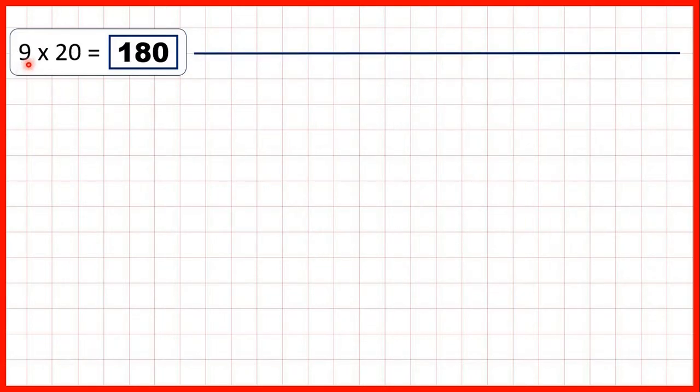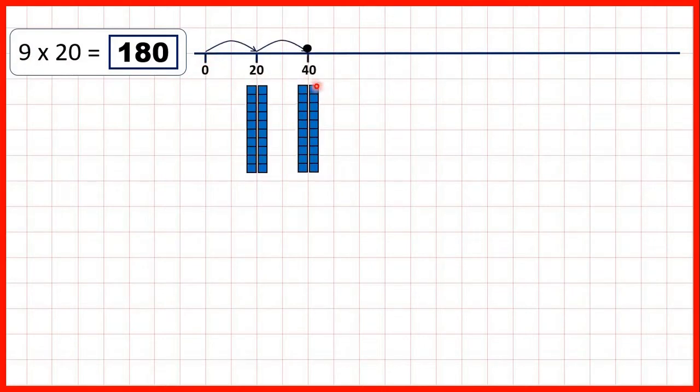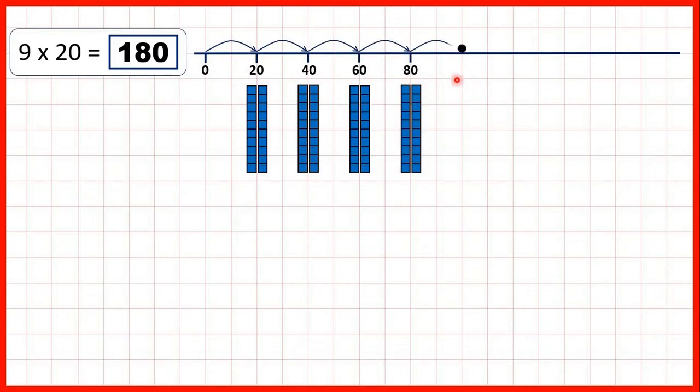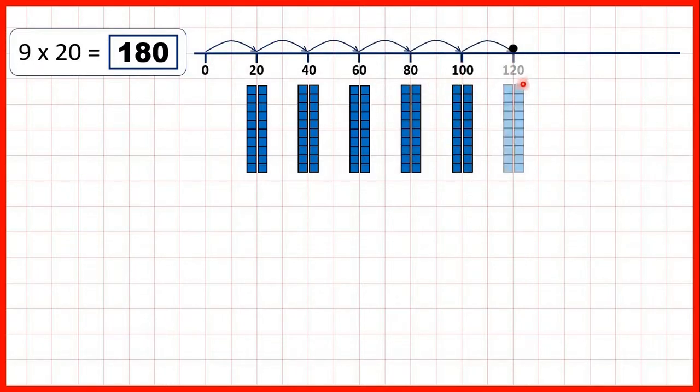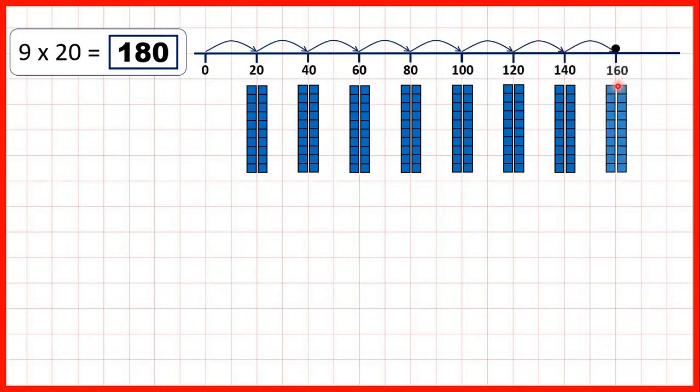Then for our last question, we had 9 times 20. So we can make 9 jumps of 20. We have 20, 40, 60, 80, 100, 120, 140, 160, and then our 9th jump takes us to 180.